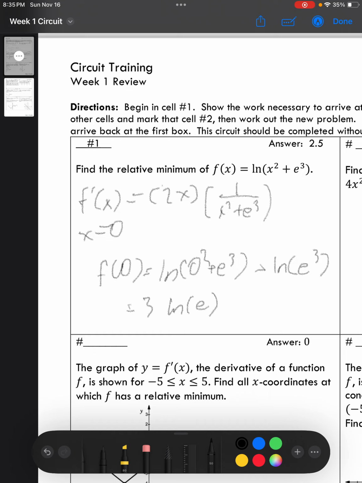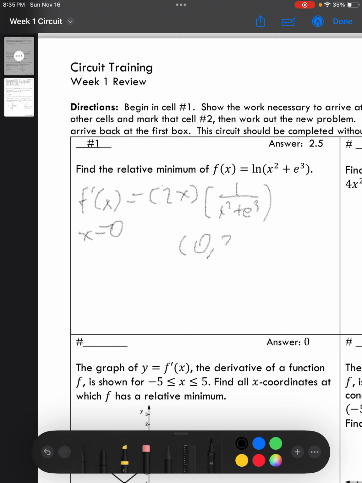We can take the exponent out, and this is just 3 times 1, which is 3. So the actual relative minimum is (0, 3). So we need to find the place where the answer is 3.